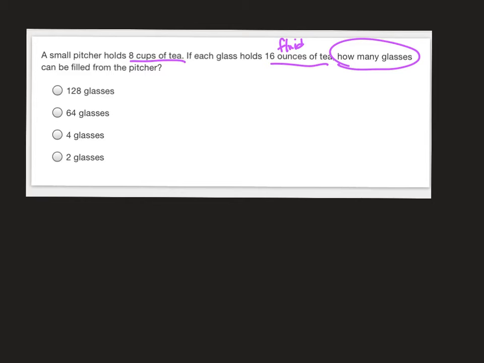All right, and we should know that there are 8 fluid ounces in 1 cup. So what we're going to do first is figure out how many ounces I actually have in this pitcher. So the first thing I need to do is say 8 times 8, and that's going to give me 64 fluid ounces, okay? So that's how much I have in 1 pitcher. So to figure out how many glasses I can fill, I'm going to have to take that total of 64 and divide it by the 16 ounces that each glass holds.